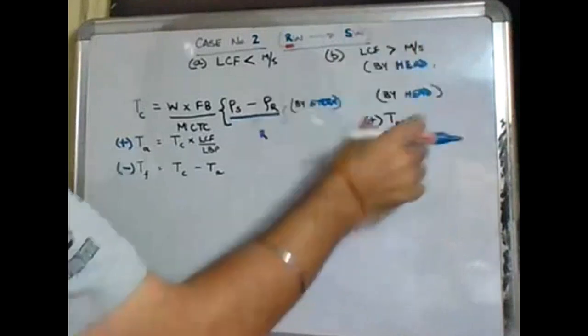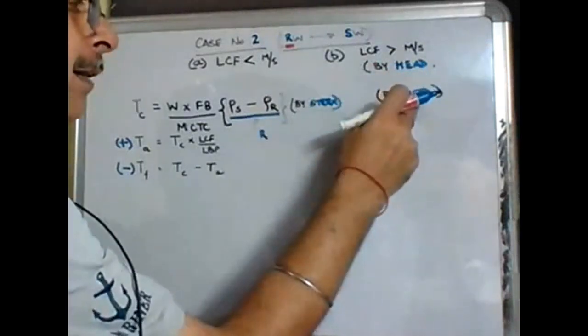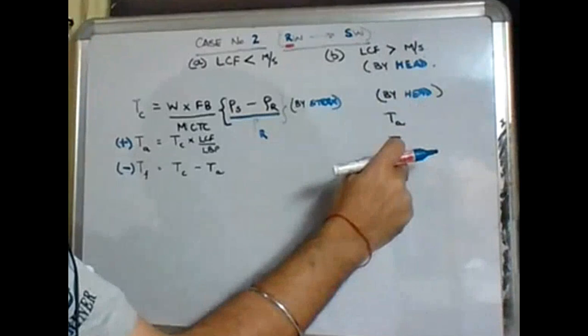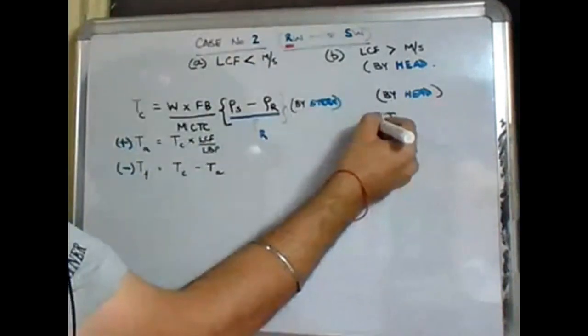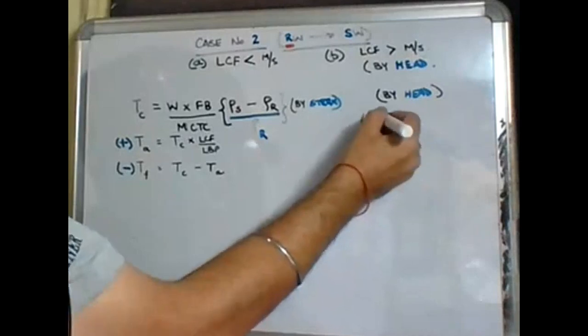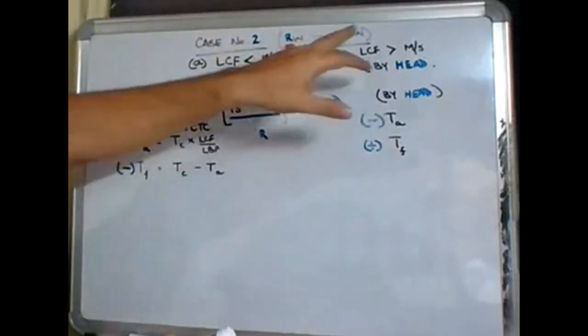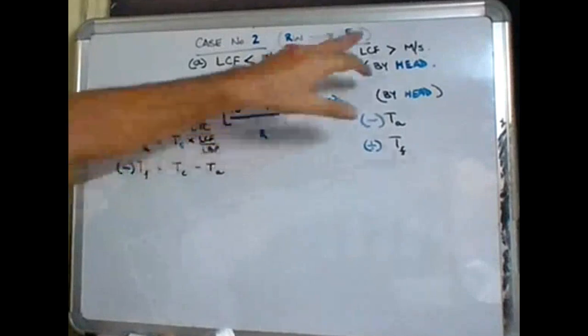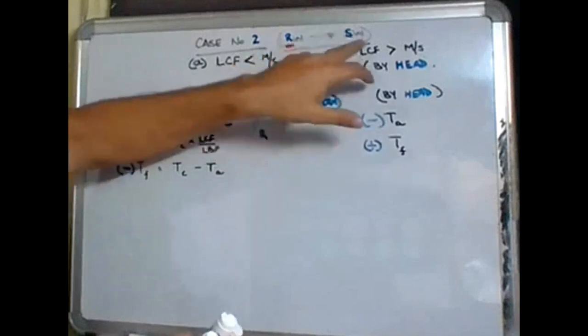Since I'm going by head, the sign of TF will be plus, and the sign of TA will be minus. So this completes your case number 2, river water to sea water, Chennai to Haldia. Haldia, sorry, my mistake. Haldia to Chennai.